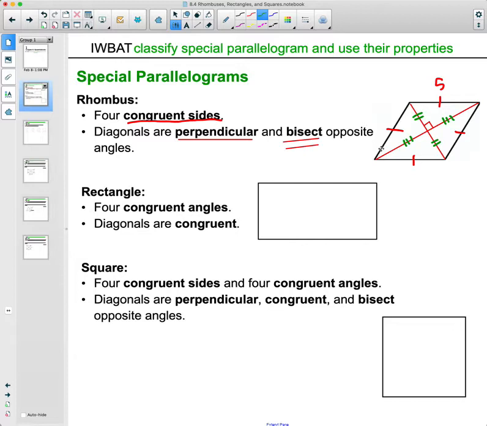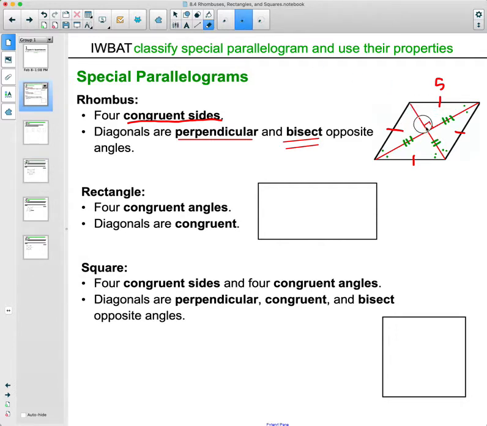So then these two angles and these two angles are exactly the same. So the diagonal is bisecting that angle. And then this angle here and this angle here are identical, and here as well. So the diagonals bisect opposite angles.